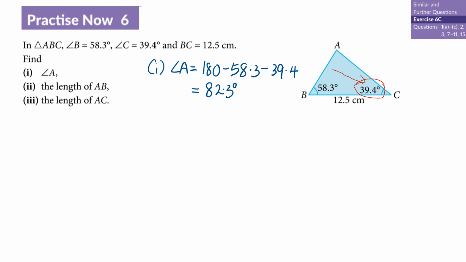And you are only given one side, BC, which is 12.5, and the angle that's opposite 12.5 will be your angle A. So that is the reason why in part 1, the question gives you some scaffolding, asking you to find angle A. Most of the time, the parts of the questions are related to one another, and finding one part will lead you to find the second part.